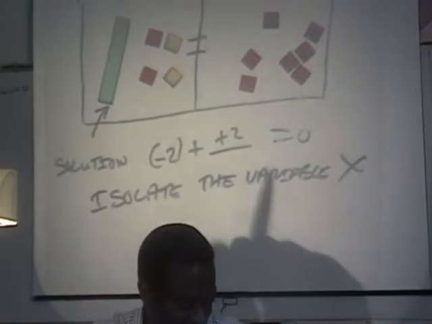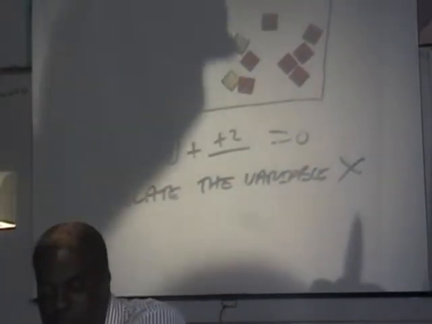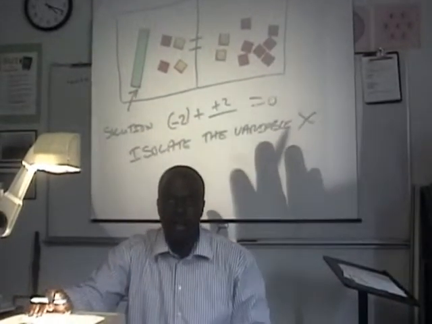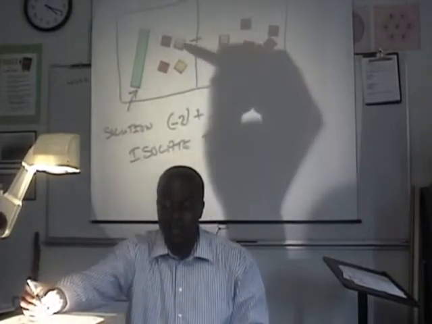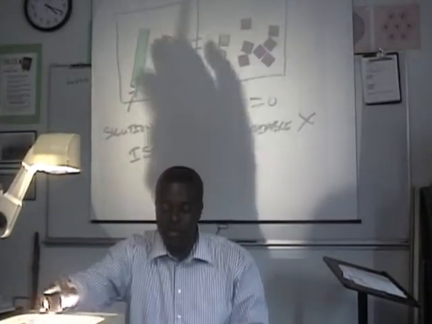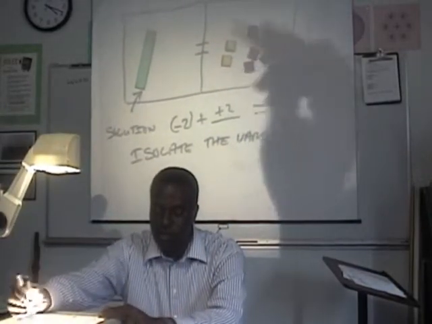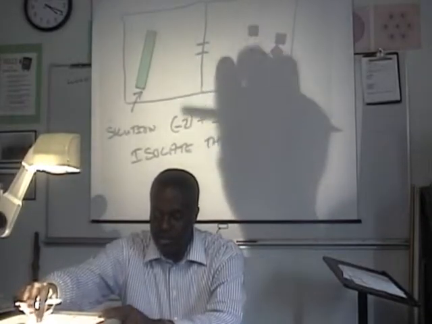Let's add positive 2 on both sides. Now, let's simplify both sides. Positive 2 plus negative 2, they cancel out each other, right? Therefore, these 2 positives are going to cancel out with 2 negatives on this side.